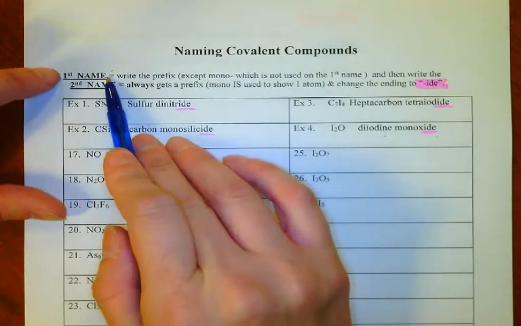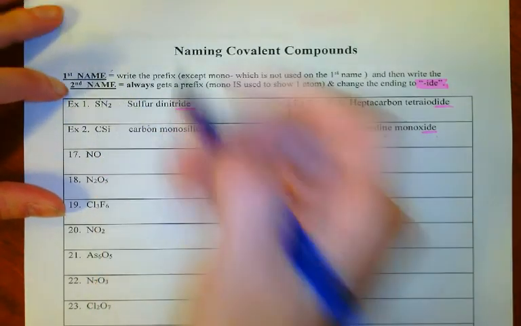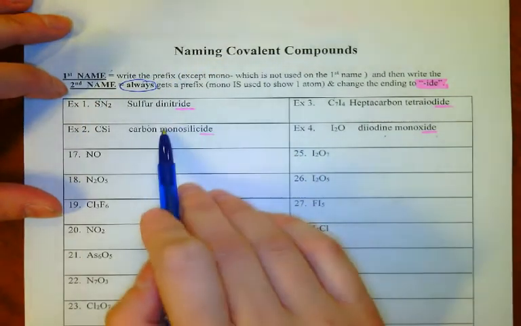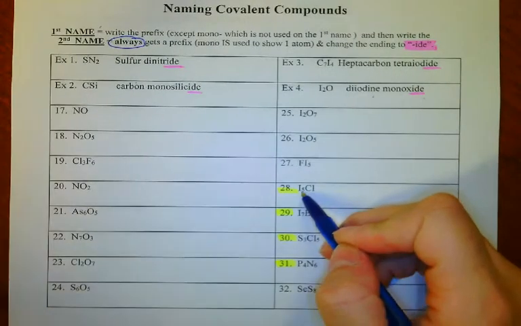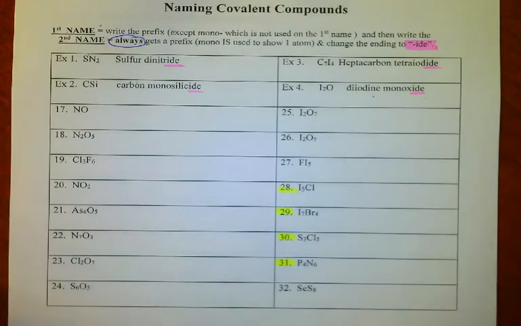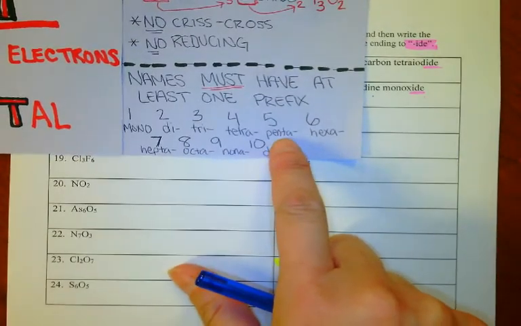Okay. So almost always the first element gets a prefix, unless it's mono. The second element always has to have a prefix. So that's when we would use mono. Okay, like in this case, monosilicide. And we do change the ending of that one to ide. So, I5. The 5 means I have 5 iodines, so I need to use the prefix for that, which is penta, like a pentagon or pentatonics.